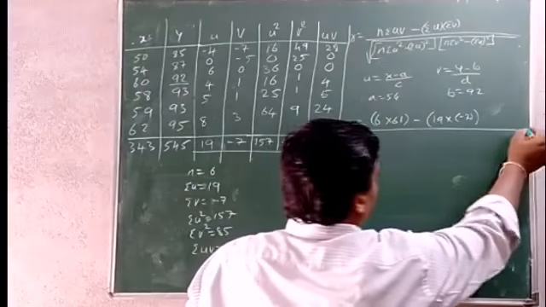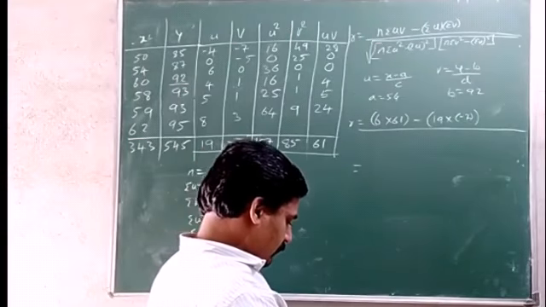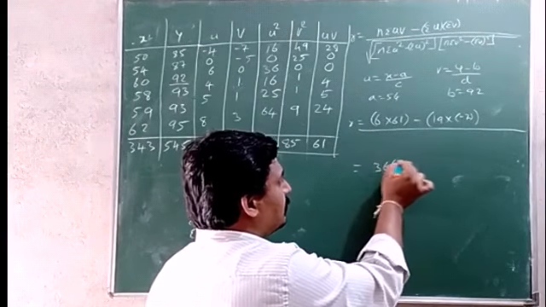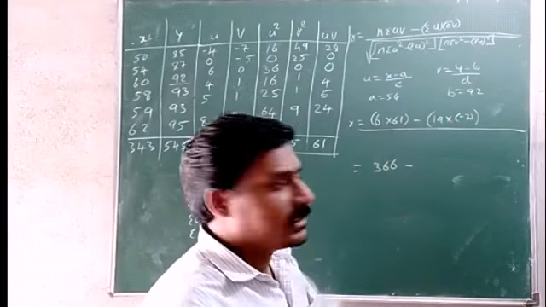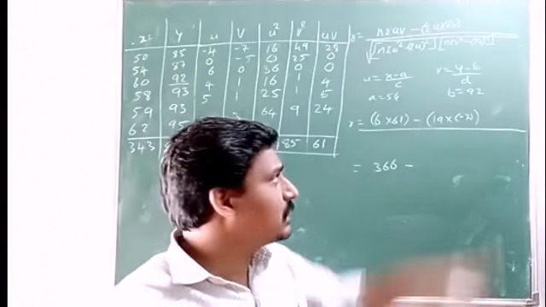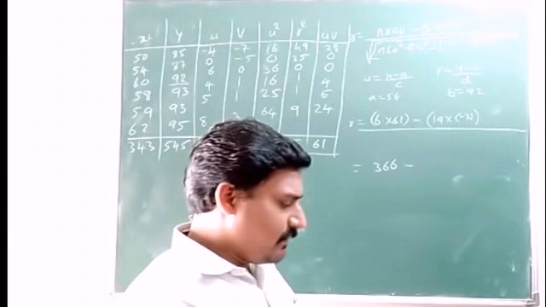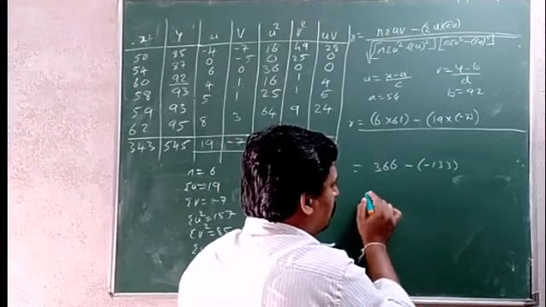So I will just show what answer we get. So 6 into 61, that is 366, minus 7 into plus 19. Minus into plus minus. So 19 into 7 we get 133. That is minus 133.